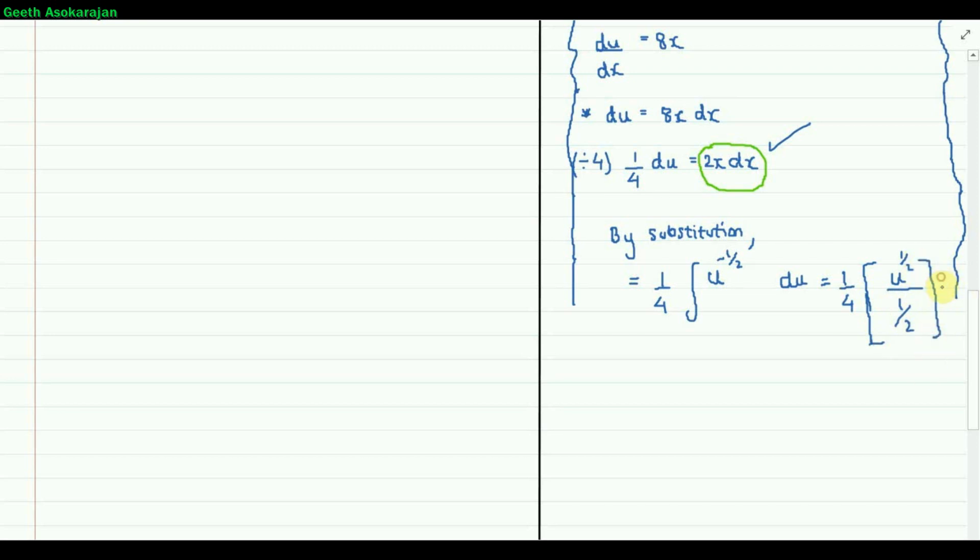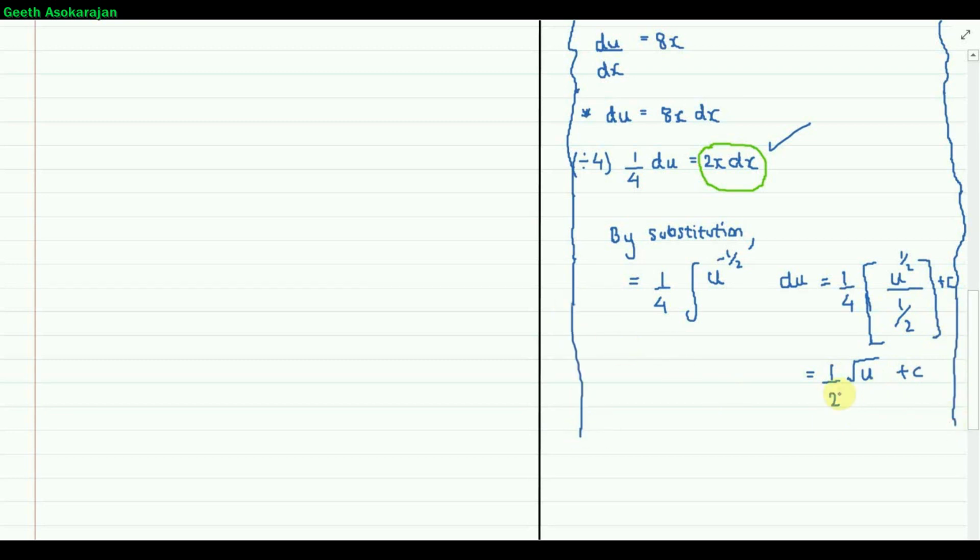And just for completeness, let's add a c. If we tidy this up, a quarter divided by half is the same as 2 over 4, which is a half. So we're going to get a half u to the half, which is the same as the square root of u, add c.